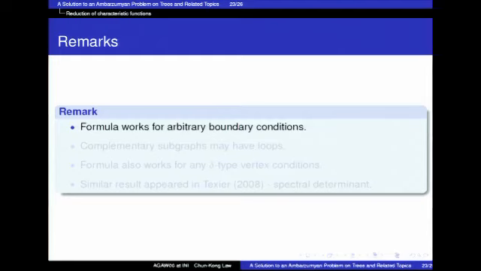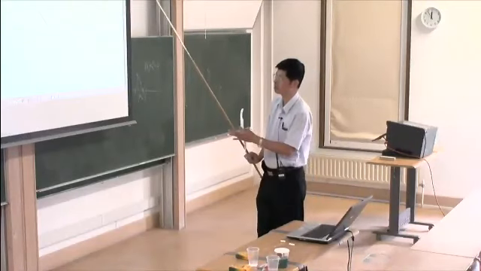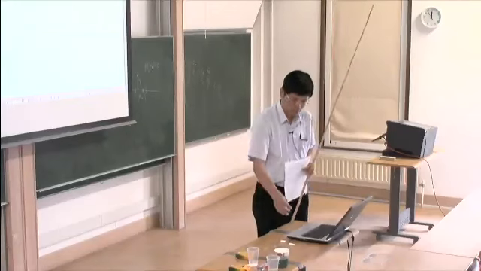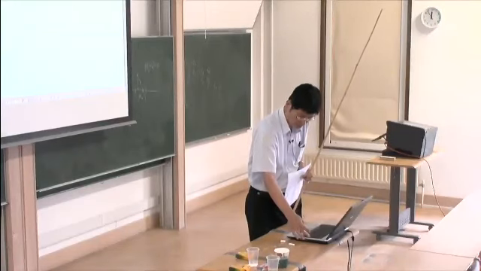But the decomposition will be the same. Also, the complementary subgraphs, when we break it in two parts, may have loops. The loops are hidden inside the characteristic matrix. It doesn't change. Our formula just comes from a simple linear algebraic computation.